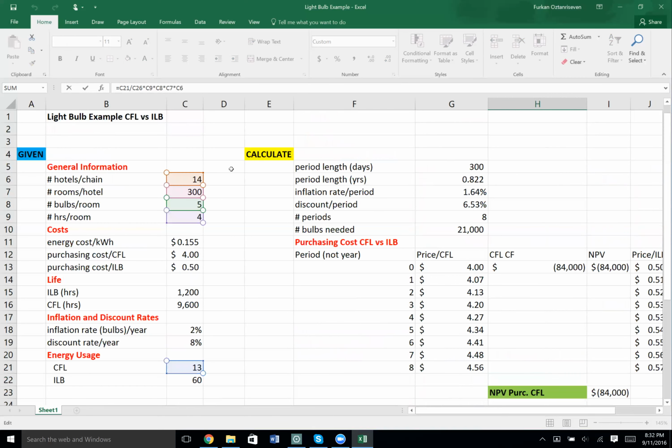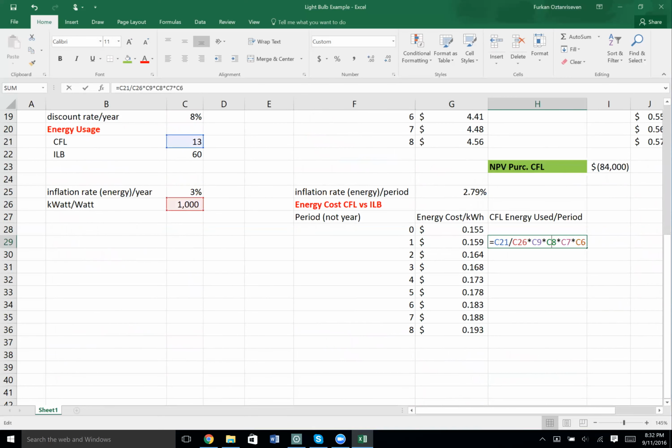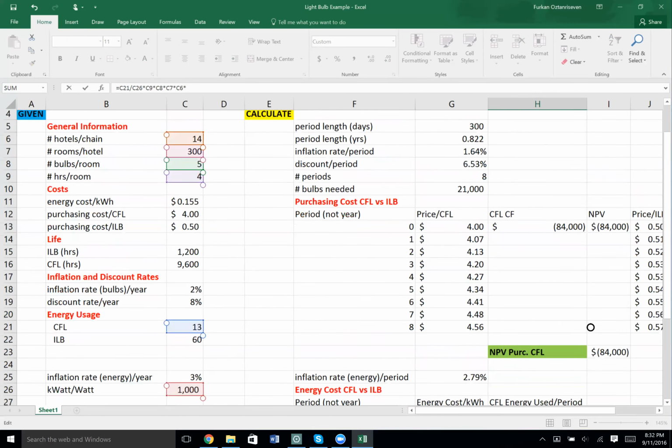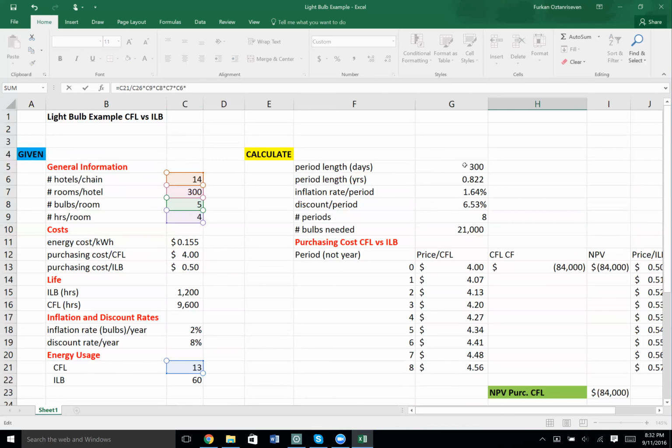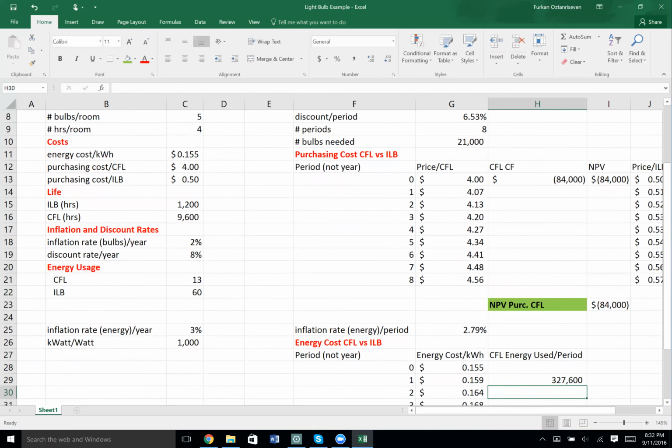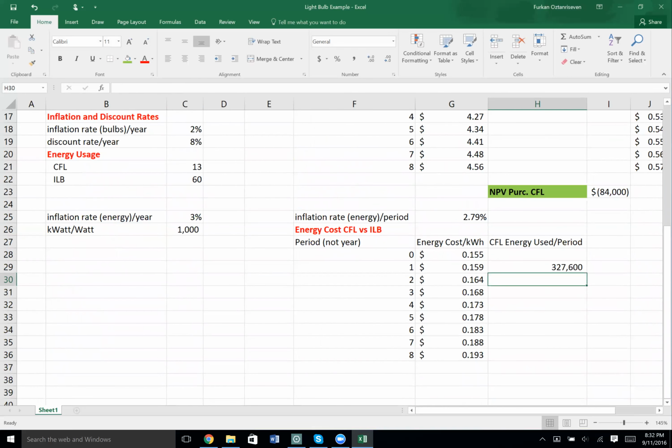But we also know that every period has 300 days, right? So I need to multiply by the number of days as well. So this is how much energy I will use per period if I have CFL bulbs.